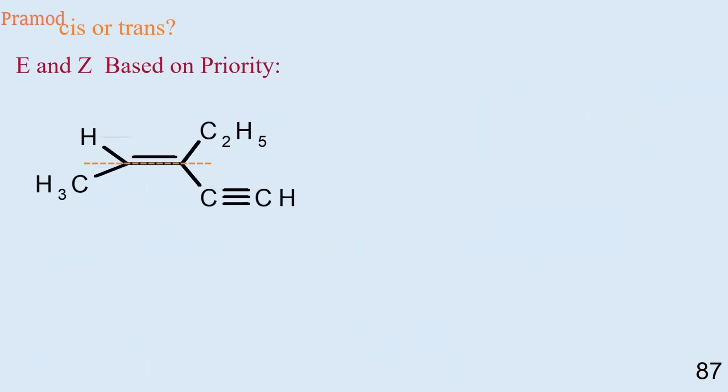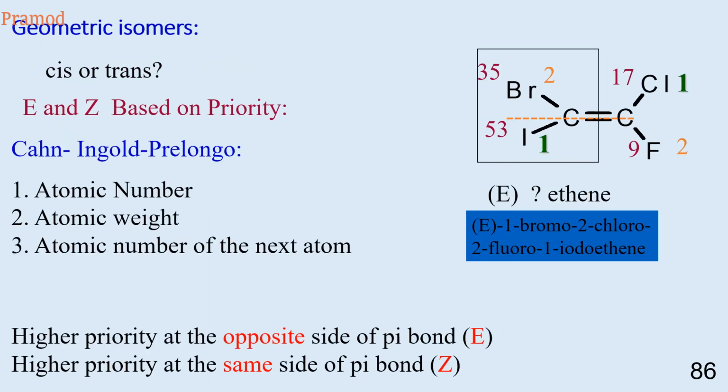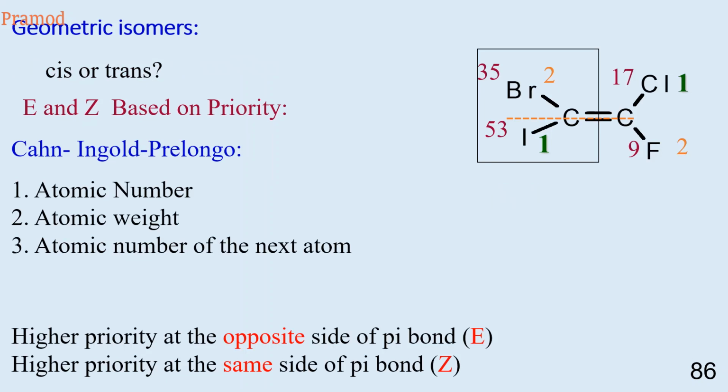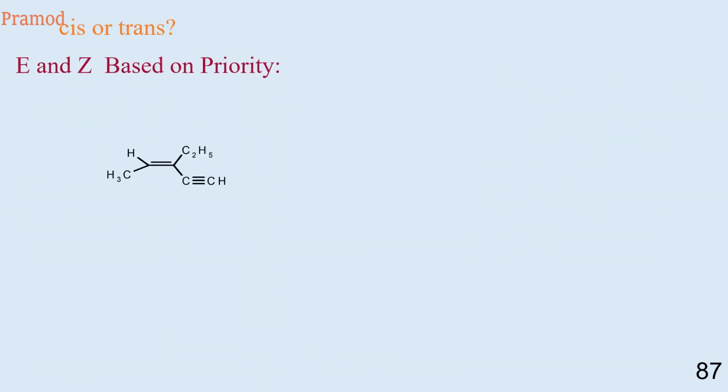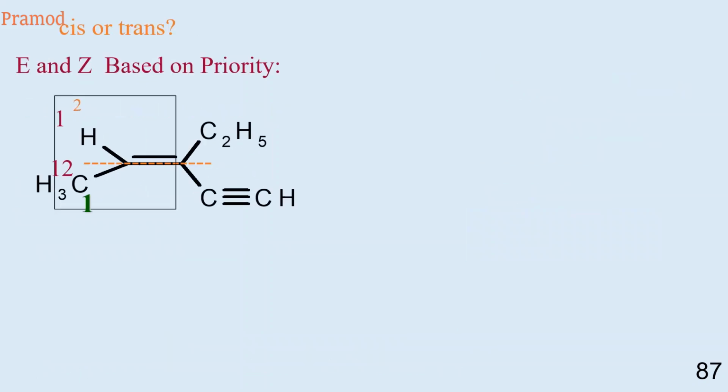This is one more example. You give the priority: methyl gets first, hydrogen second. Then you go to the next carbon because it is attached to three carbon atoms, so that is given first priority and the other second.